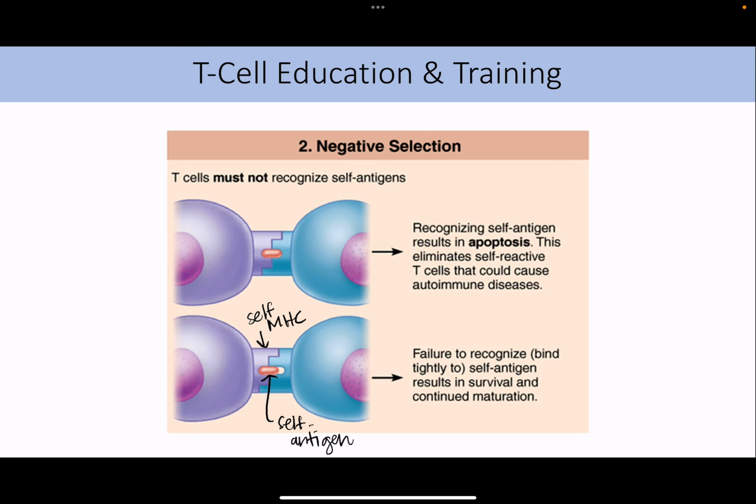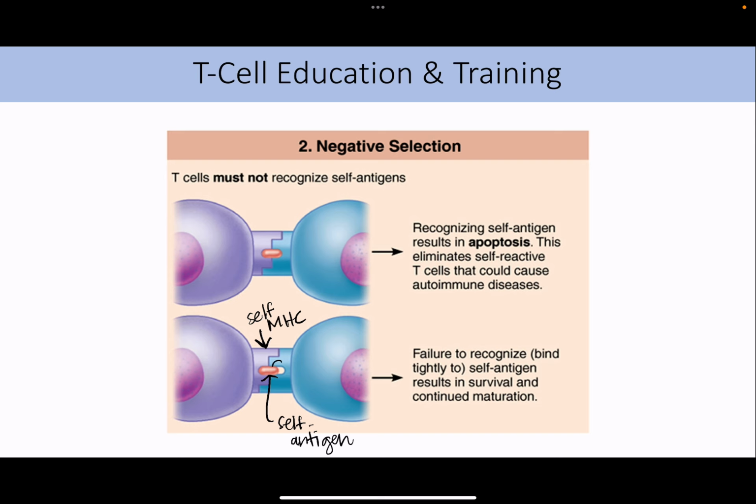It fully binds when it's going to mount an attack. So we do not want a T cell to be able to fully bind to our cells because then they'll want to attack it. So this negative selection is, yes, they can recognize the self MHC and they can bind to that part, but we do not want them to fully bind to this other self antigen.